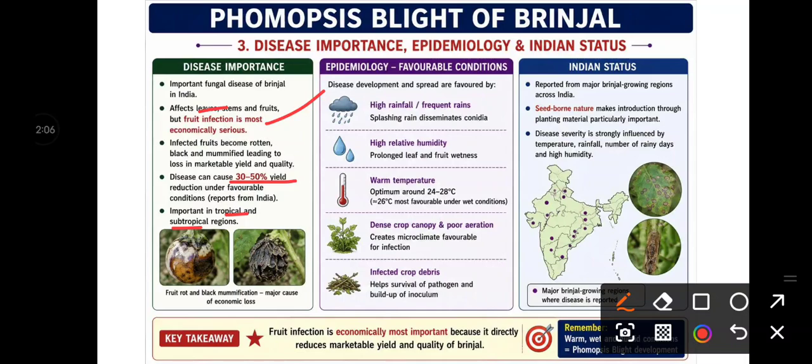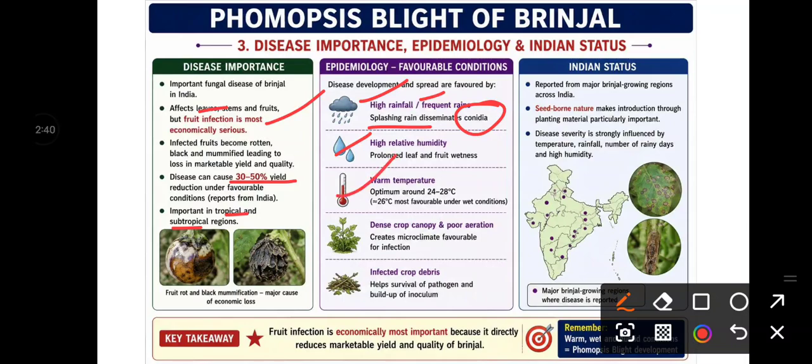Then about the epidemiology, the favorable conditions for the development of this disease. Disease development and spread is favored by high rainfall and frequent rains, because splashing of rain disseminates the conidia. The secondary spread occurs through conidia, which are spread by rain splash and water. Then high humidity is required, because prolonged leaf wetness is required for germination of the conidia.